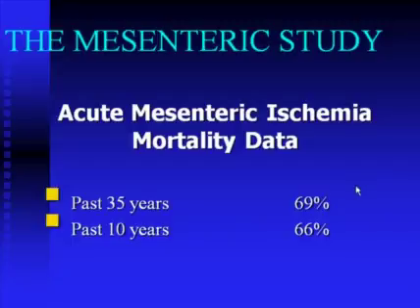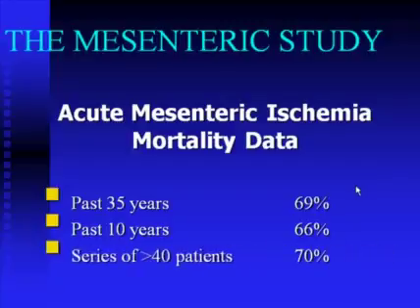It is not that we didn't know how to deal with the problem 35 years ago and do today, because if you look at articles over the past 10 years, the mortality rate still remains approximately 70%. And it is not a matter of experience. If you look at the large series published in the literature, not just the very small series of people who do not see this disease that much, the problem is 70% mortality.